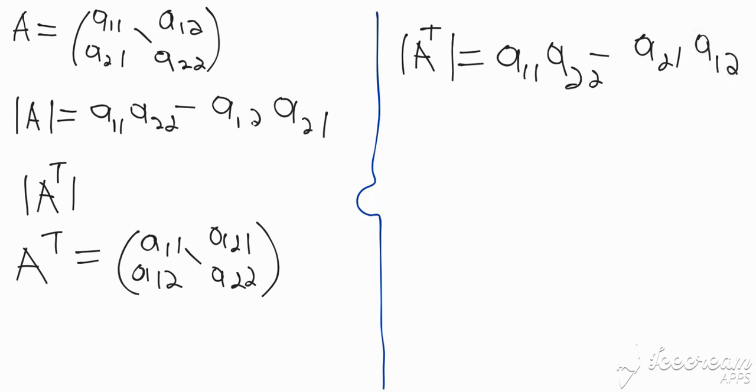Now, of course, even though we have A21 and A12, multiplication is commutative, so we can actually switch it. So right away, we can conclude that the determinant of A transpose is actually equal to the determinant of A. That's the first property we want to explore.